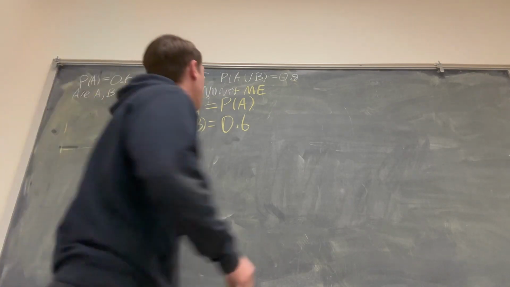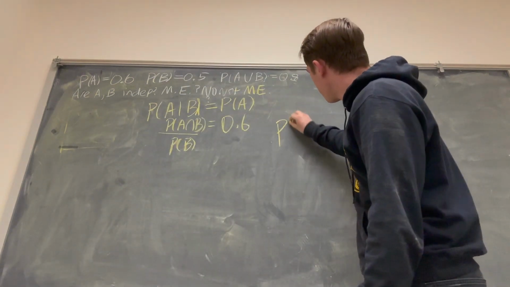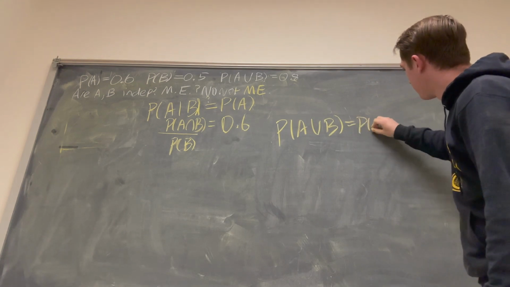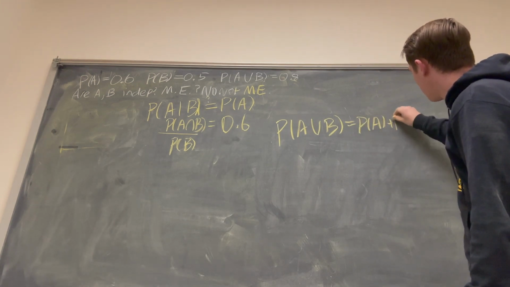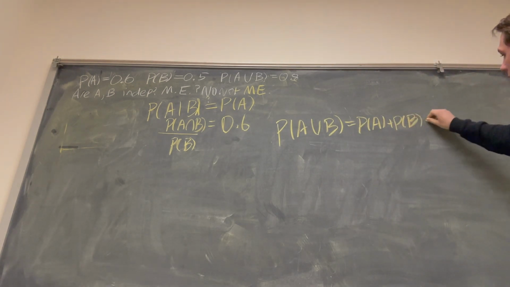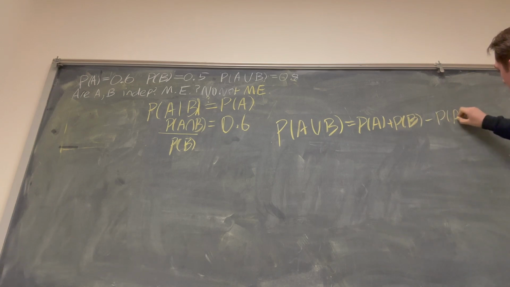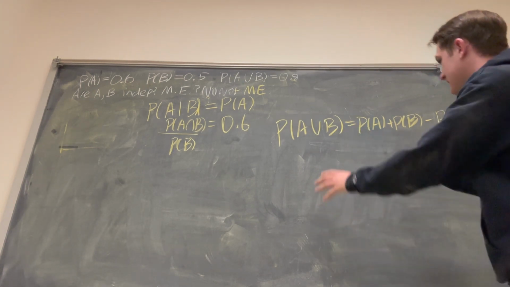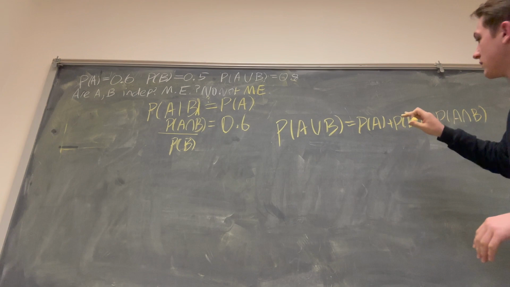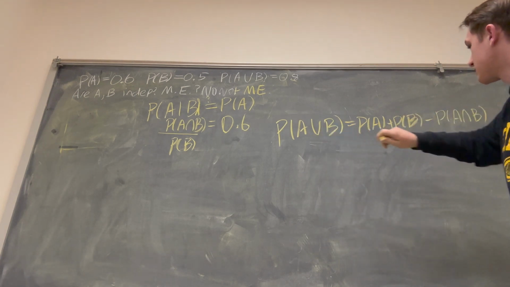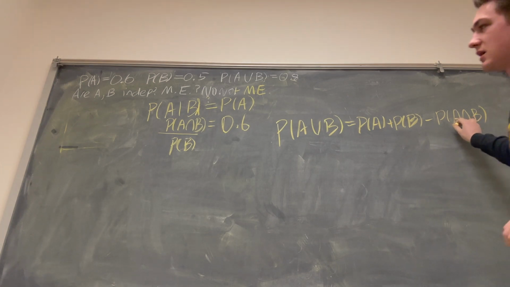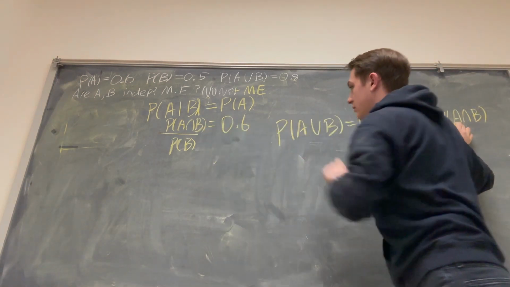The formula for probability of A union B is equal to probability of A plus probability of B minus probability of A intersect B. I'm going to show you why this is true as well. What's nice about this formula is we know three of them, and there's one unknown, so we can solve for this and get this numerator.